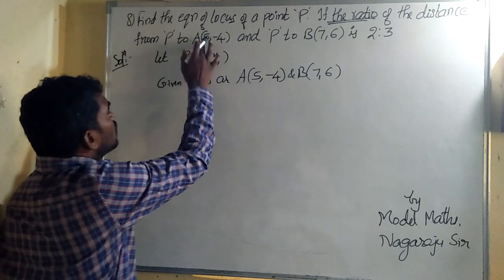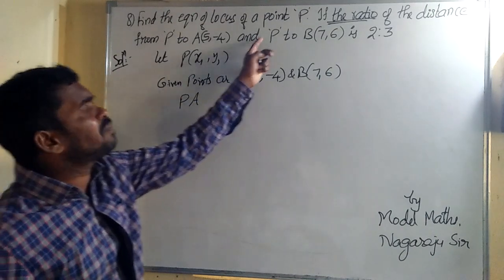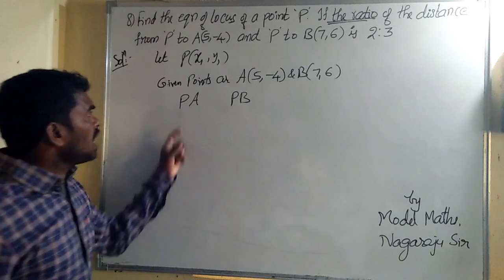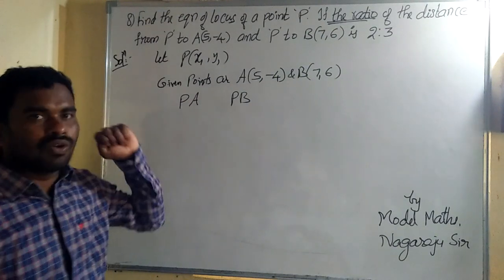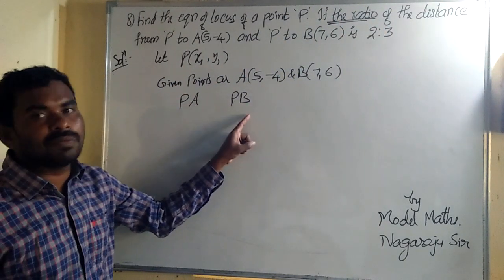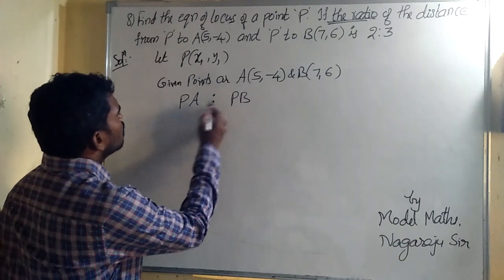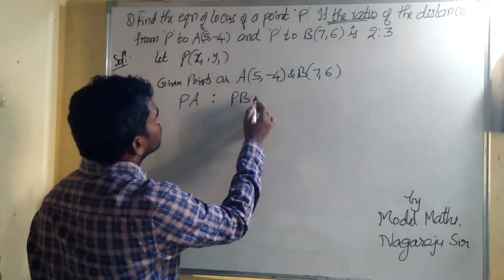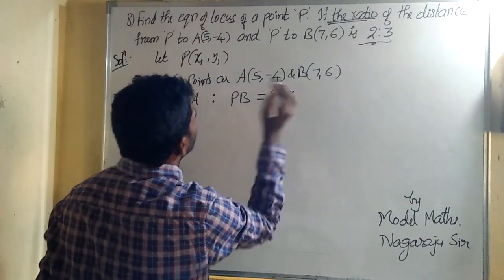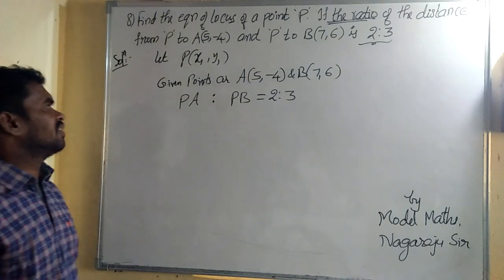Distance from P to A means PA, and the distance from P to B means PB. Ratio means PA is to PB is equal to 2:3. So this is the condition given. Is it clear? Okay, very good.